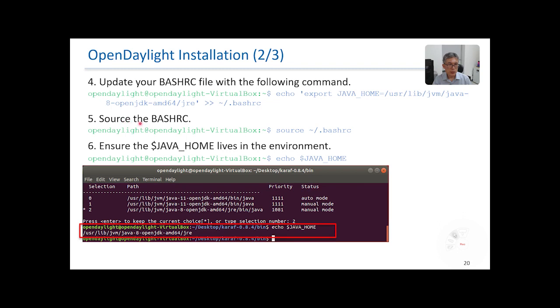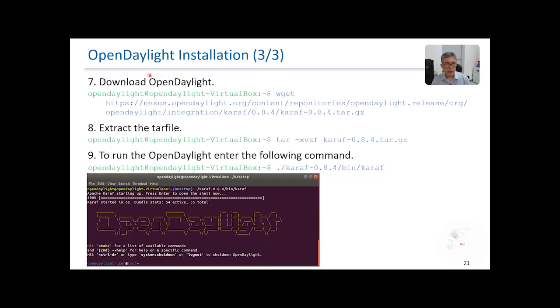Then source the bashrc file to reflect this new configuration in the Unix shell environment, and ensure JAVA_HOME lives in the environment. You can check with echo JAVA_HOME. You can see this is safely stored in the bash shell configuration file in the home directory. Then download OpenDaylight.